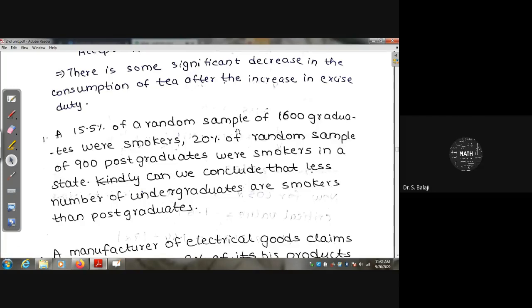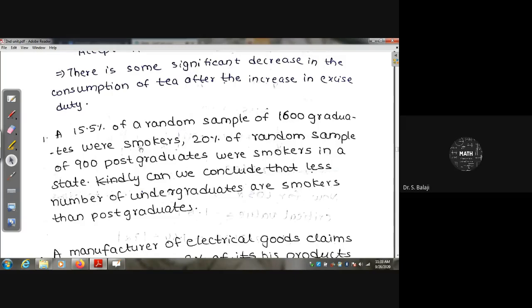Right. A random sample of 1,600 undergraduates, therefore N1 equal to 1,600. Correspondingly, the sample proportion P1 is directly given as 15.5%. Similarly, N2 is 900 postgraduate students, whereas the sample proportion is P2 equal to 20% here.